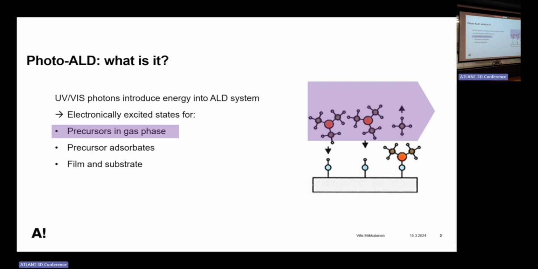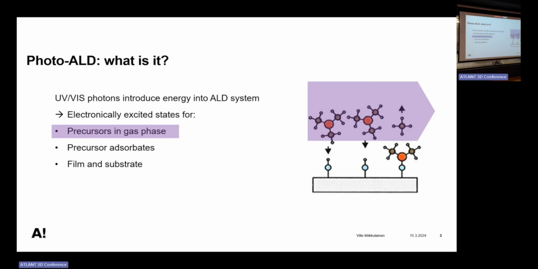And since ALD is sequential, as we all know, and light is directional, that gives a few possibilities to play around with on what you actually expose the light with.